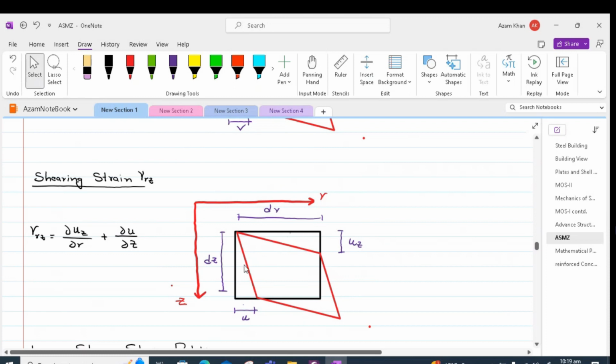So we have to find out these two angles and sum them up to get the shear strain. This is relatively straightforward if we assume that the displacement in the z direction is uz. So the angle contributed by uz is partial uz by partial r, and the angle due to the displacement u along r will be partial u by partial z.